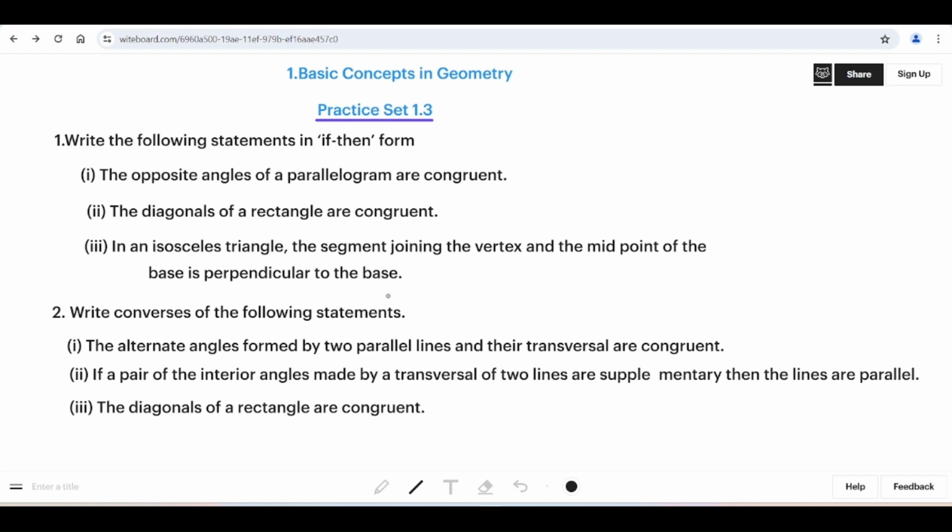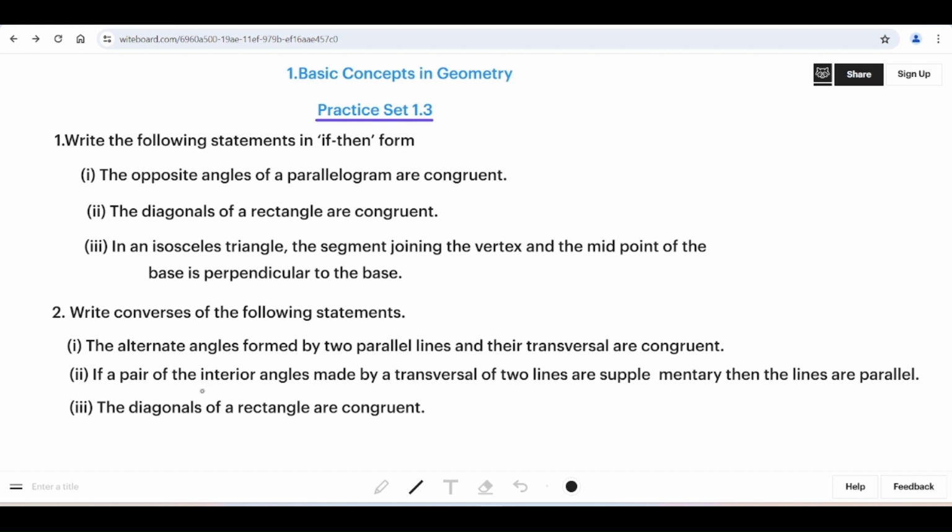Right? Now the next question is: write the converses of the following statements. The first is: if the alternate angles formed by two parallel lines and their transversal are congruent. Its converse can be written as: if the alternate angles made by two lines and their transversal are congruent, then the lines are parallel.